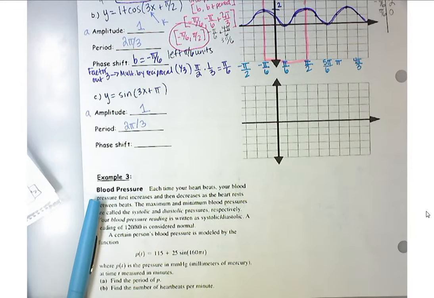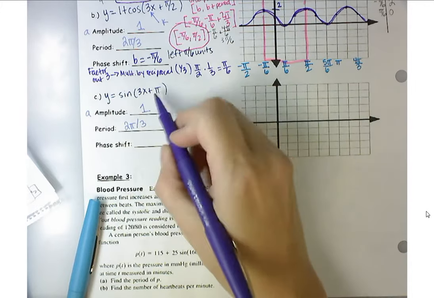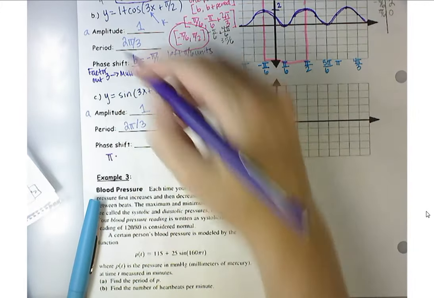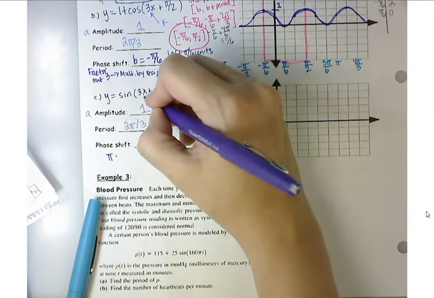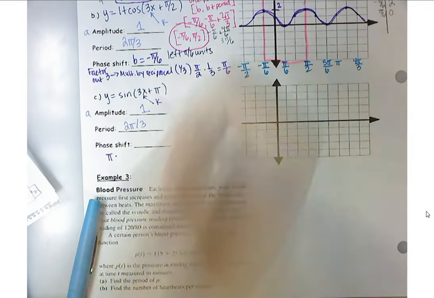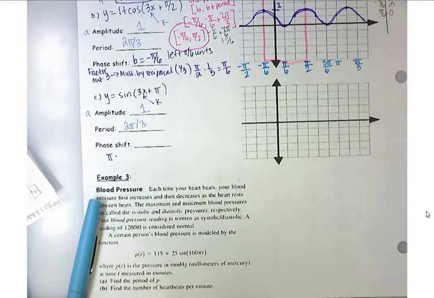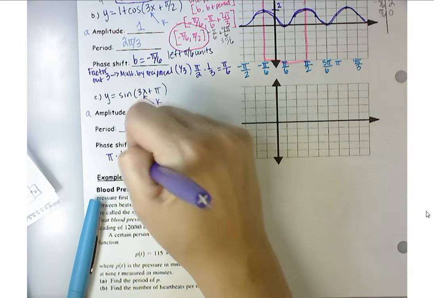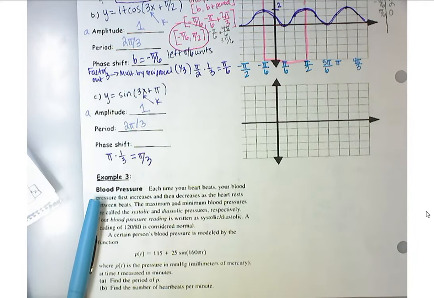Right, so we have to find the phase shift. So again, we can just take whatever we have and multiply that by the reciprocal of k. So your k value is 3. What's the reciprocal of 3? 1/3. So pi times 1/3 is going to be pi over 3. Is this going to be positive or negative? Negative. Why?